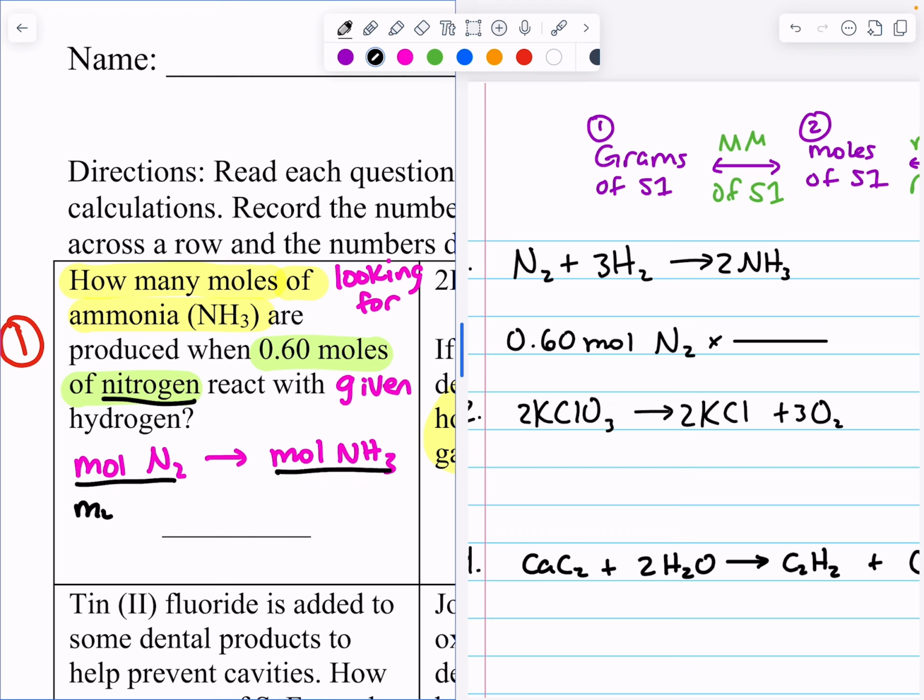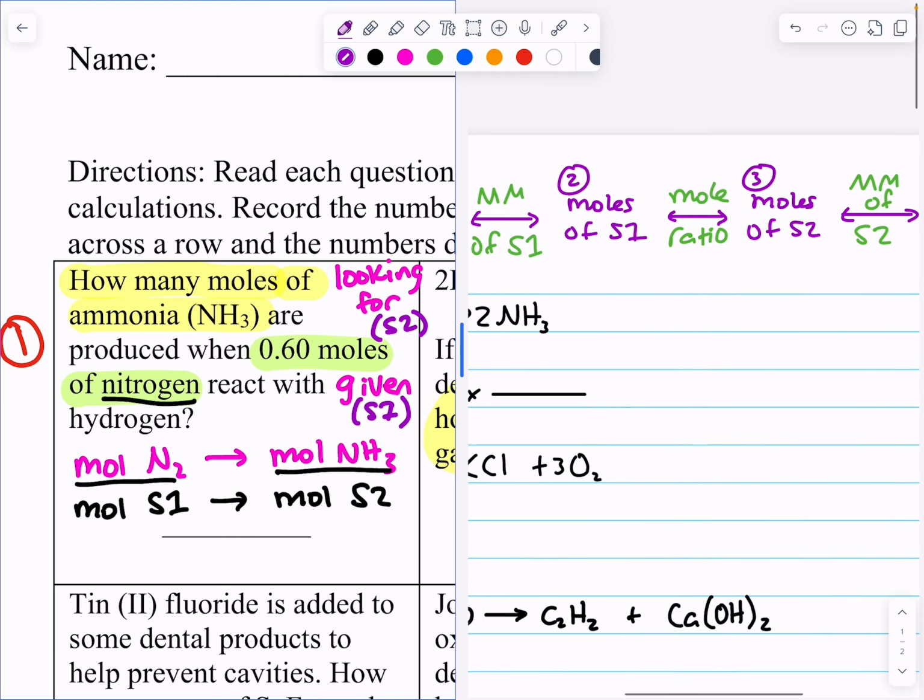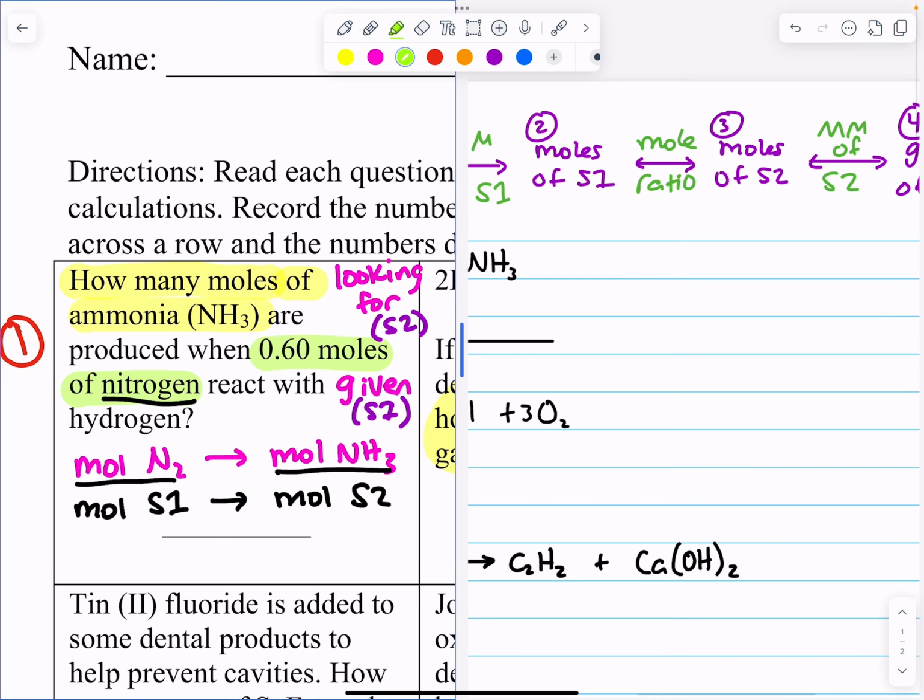So I have my moles of substance 1, and I am looking for moles of substance 2. Remember, whatever substance you're given in the problem will always be substance 1. Given will always be substance 1. Looking for will always be substance 2. Always, no matter what. So if I look at my map, I am given moles of S1.